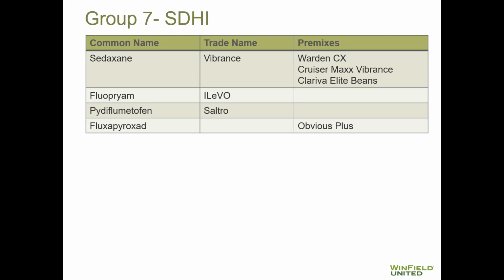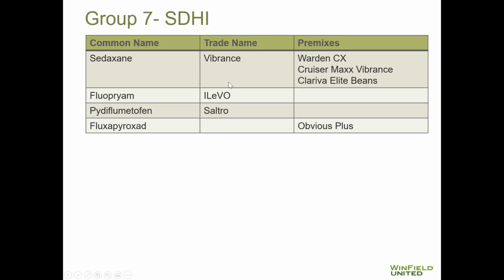The only thing I haven't seen a lot of data on yet is, so Saltro also, or sorry, Alivo also claims activity on SCN, soybean cyst nematode, and happens to be fairly good on soybean cyst nematode. I'm not sure where Saltro falls on that necessarily.